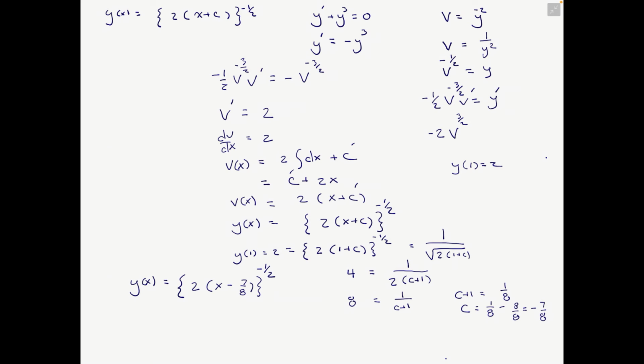Well, we don't want this to be less than or equal to 0, because this is the same as 1 over the square root of 2 times x minus 7/8. So when the denominator is 0, y is undefined.